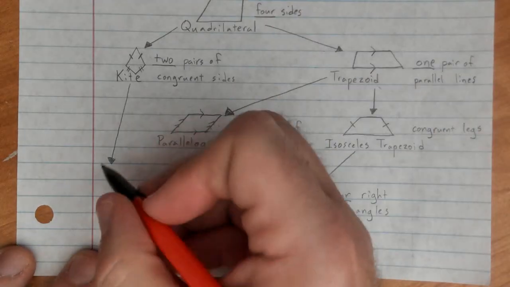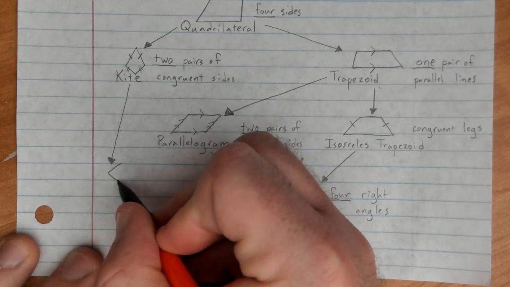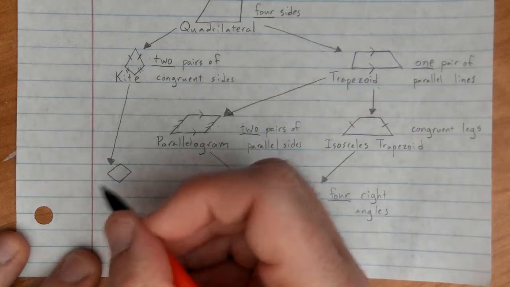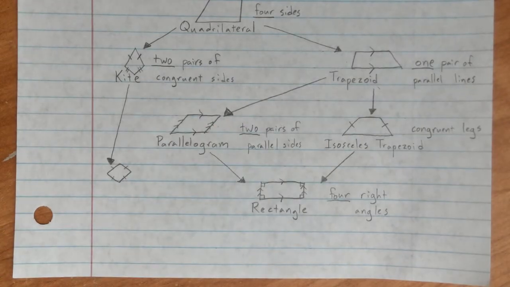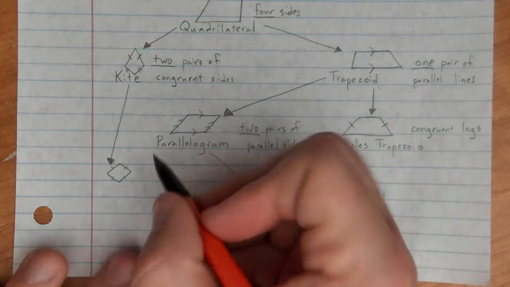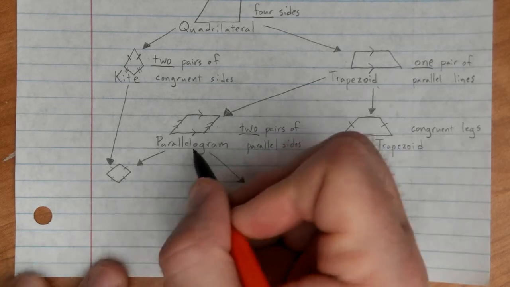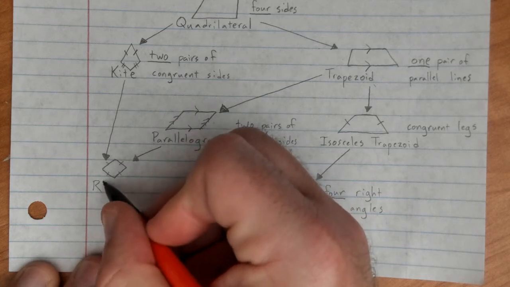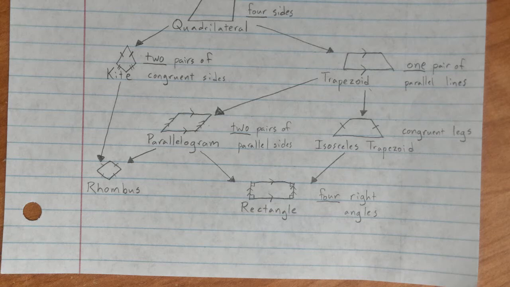If we have something that looks like this, so now those sides are all the same. But the kooky thing is, we also still have two parallels, don't we? So it's a parallelogram, and it's a kite. It is a rhombus. Kind of a flattened diamond.